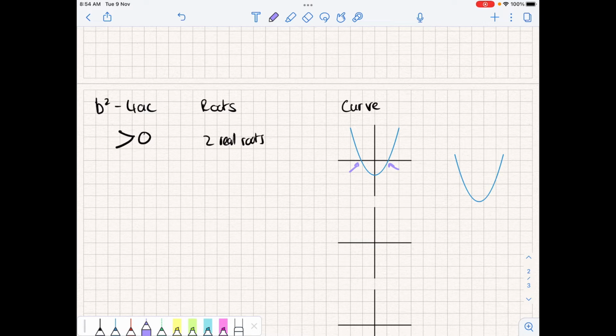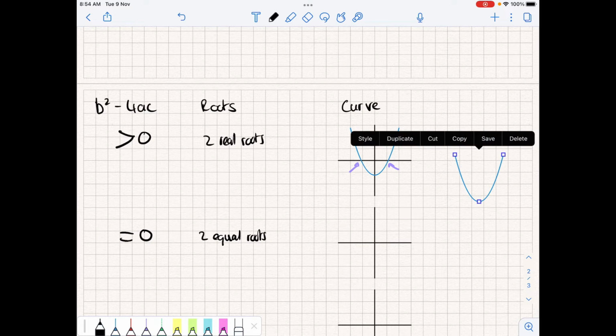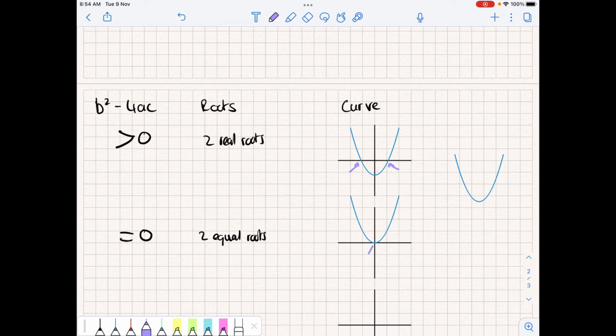Then if the discriminant was equal to 0, we said we had two equal roots, in other words the roots were happening at the same time. That would look something like this. We can see that we have one intersect. Actually, we have two, but they are the same, so we can just say it's one.